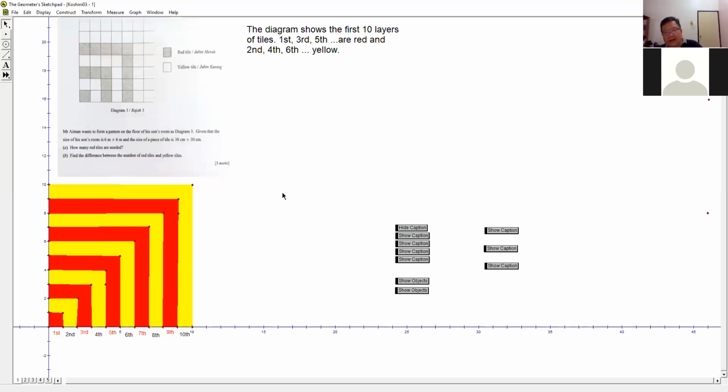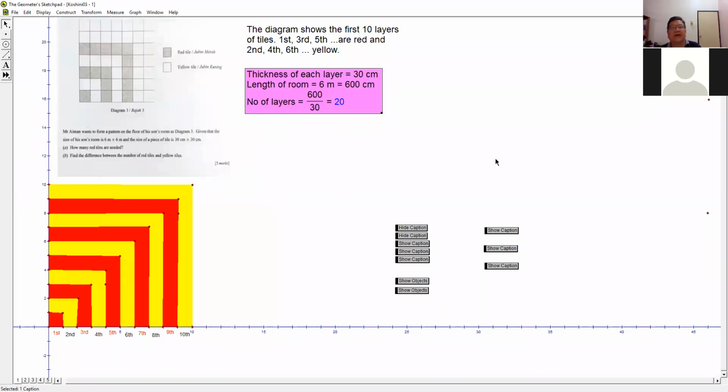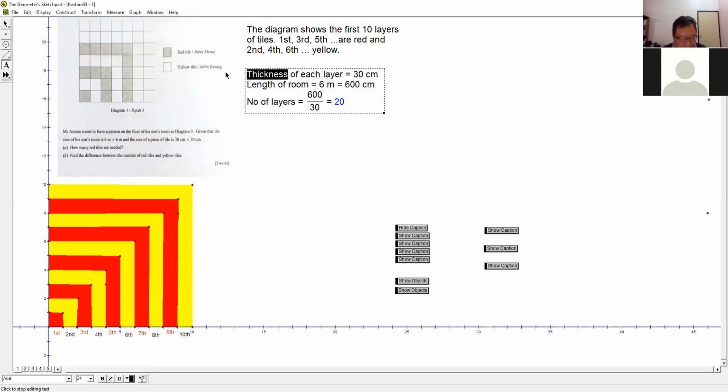So we're going to tile the room of his son. I want to know how many tiles are needed. In order to know how many tiles are needed, I think of the length and the breadth, not the thickness. I better change to the side.